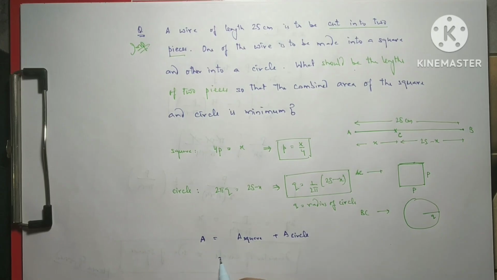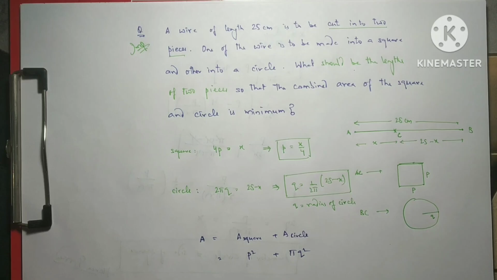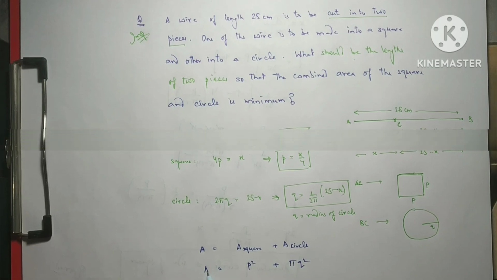So it is P square plus pi q square. Right now we can put the values of P and Q in this expression.